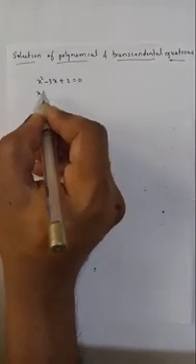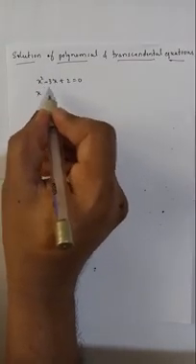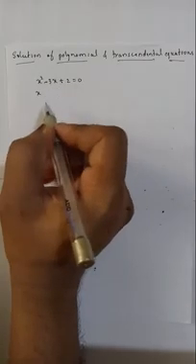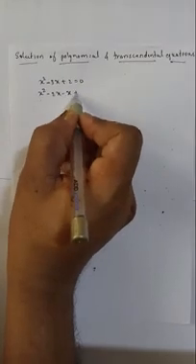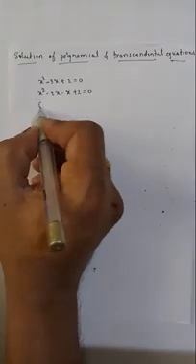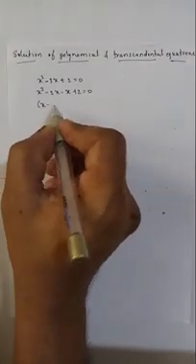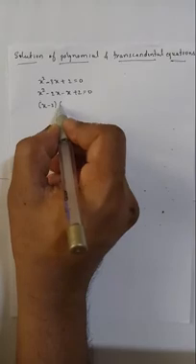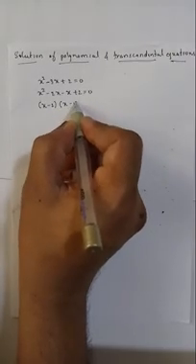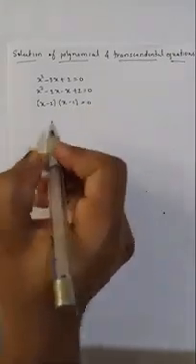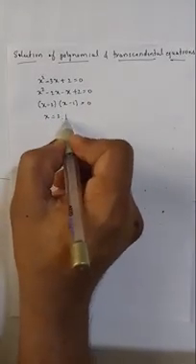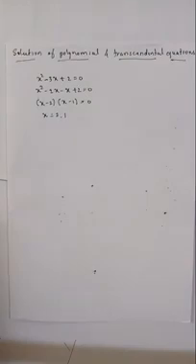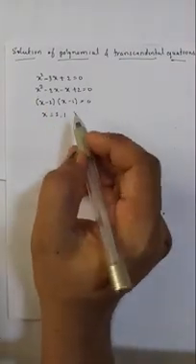That is, we can write this as x square minus 2x minus x plus 2 equal to 0, and this again we can express as linear factors (x minus 2) into (x minus 1) equal to 0. From this the solution is x equal to 2 and x equal to 1. This is what we call factorization.